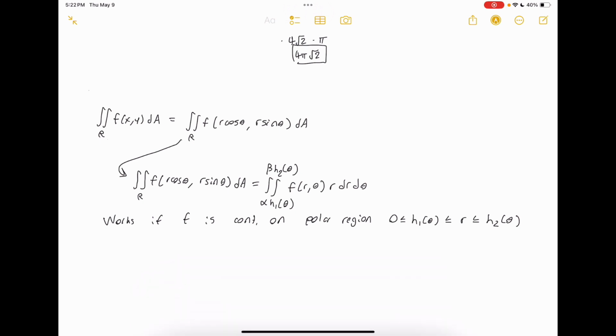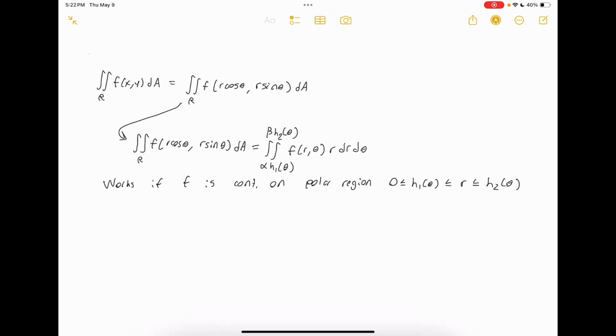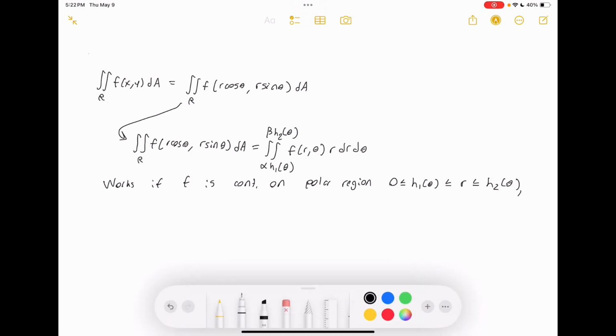And 0 is just to make sure that you're in a positive area, because polar doesn't really work with negatives as much. And also you must have, this is just your a and b essentially, but it's just fancier because you're in polar and it's angles. Alpha is less than or equal to theta is less than or equal to beta.